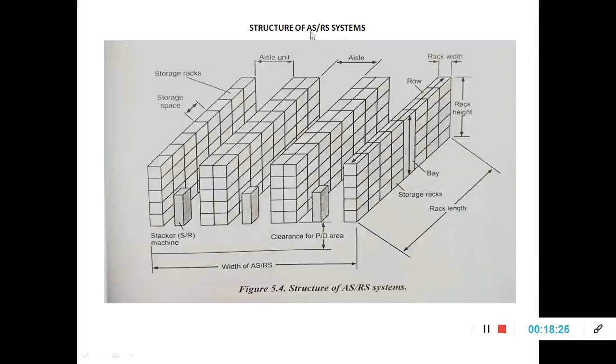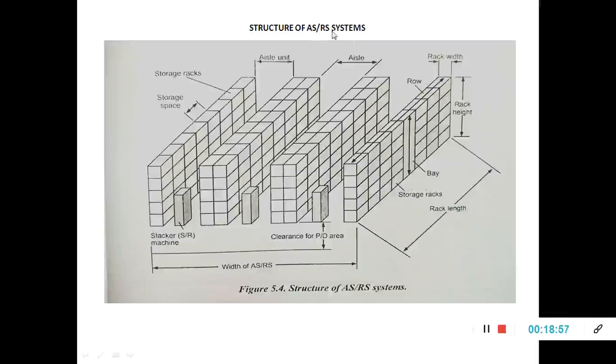So this is the automated storage and retrieval system. Another very important concept known as automated storage and retrieval system. So in the FMS, as we discussed, the different parts are going to be characterized depending upon their design and manufacturing, and they are stored into part families. Now different parts are going to be stored in a very large manner, that is known as automated storage. And whenever these similar parts are required for the processing, they are going to be retrieved, that is known as a retrieval system.